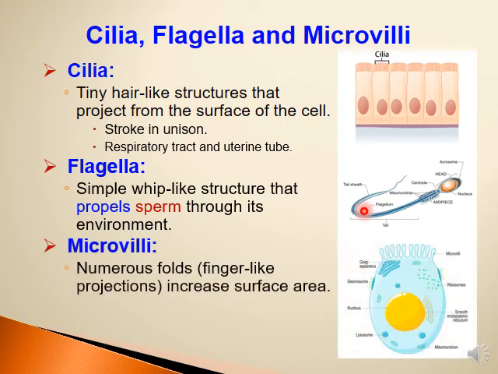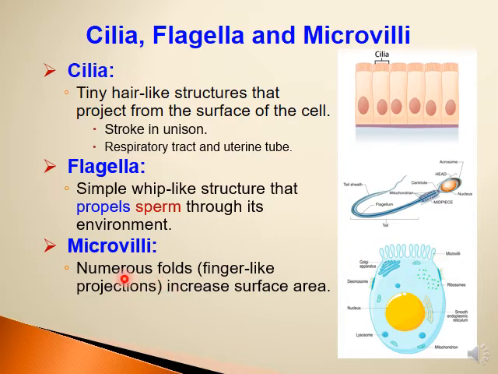And finally, we have the microvilli. You can see here, this is an epithelial cell. It has a cell membrane. The apical membrane is thrown into small finger-like projections. They are very tiny. We cannot see them with the naked eye, so we need to see them by the microscope. That's why we call them the microvilli.